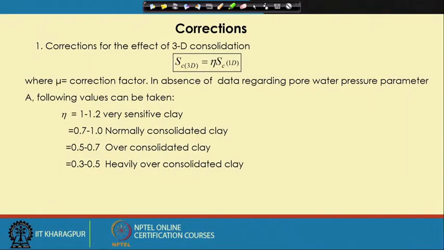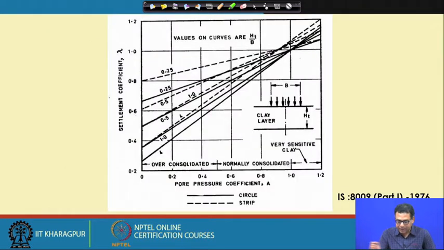So, we have to get that correction factor from the chart or the available values that I have given in the last class. These are the available values of this correction factor for different soils, and if the parameter A is available, then from this chart also we can determine this correction factor.